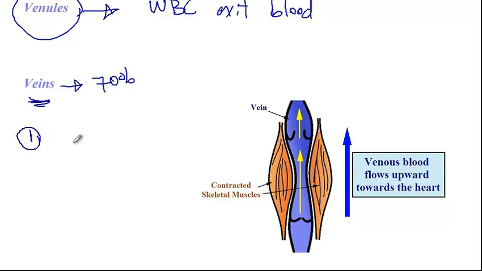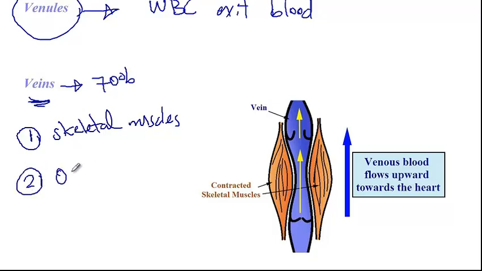Number 1 is contraction of the skeletal muscles that surround the vein, and contraction of these muscles will help push the blood inside the veins upward towards the heart. The second mechanism is the presence of one-way valves that will prevent backflow of blood against gravity. So once blood is lifted upward, it can't backflow because of the presence of these valves.